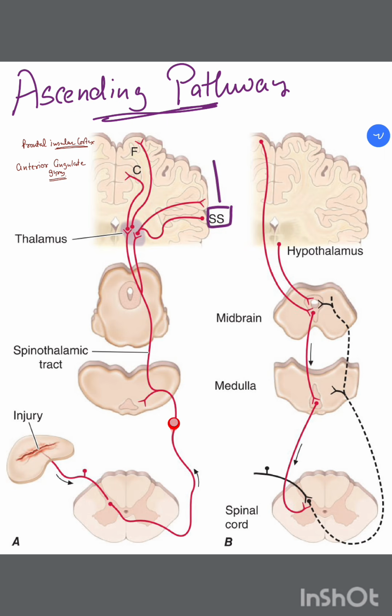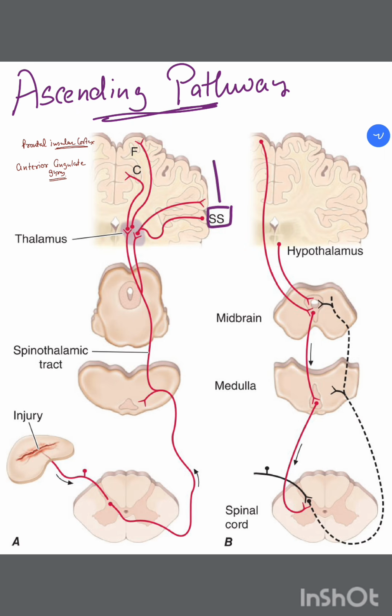So it moves upwards, lateral medulla, lateral pons, lateral midbrain, ends in the thalamus. So here the spinal neuron ends, it synapses, and the third order neuron starts. This neuron goes and supplies the somatosensory area, the sensory cortex, which is the prime location for localizing and identifying the intensity of the pain.